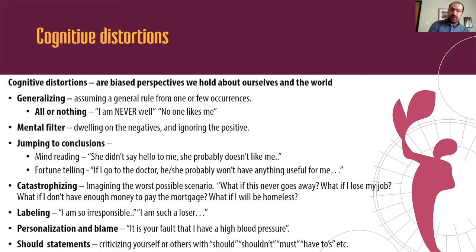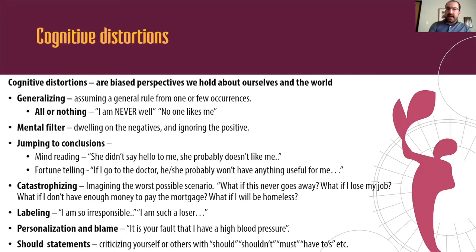Usually when we're engaged in criticism of ourselves or other people by putting some form of a should, they should do this or they should do that, or I have to do something, that puts a lot of pressure and it might not be correct. And this is why it is a possible cognitive distortion.